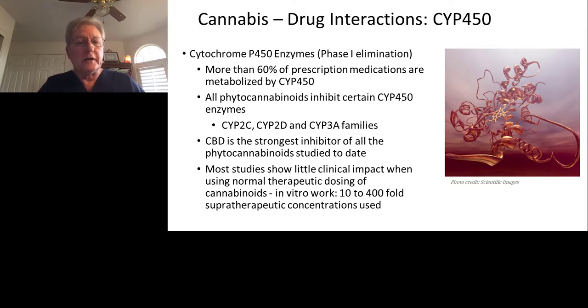All phytocannabinoids inhibit certain CYP450 enzymes and involve mainly 3 families, the CYP2C, 2D, and 3A families. CBD is the strongest inhibitor of all of the phytocannabinoids studied to date.